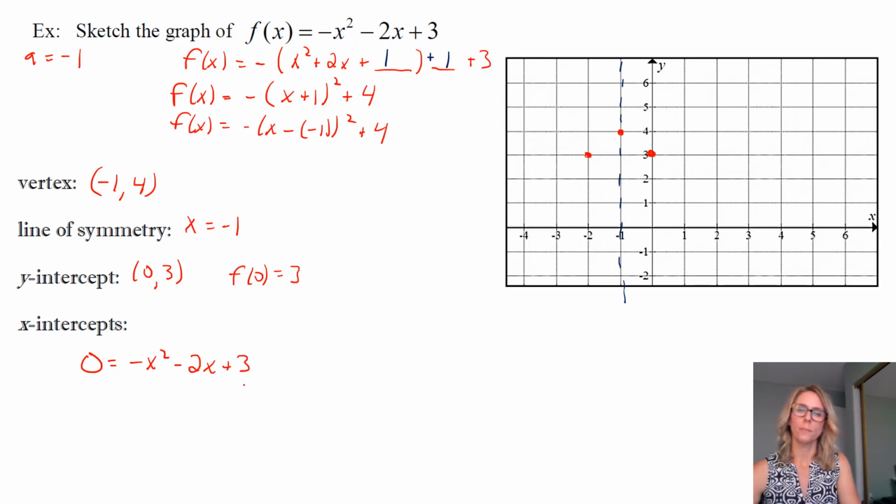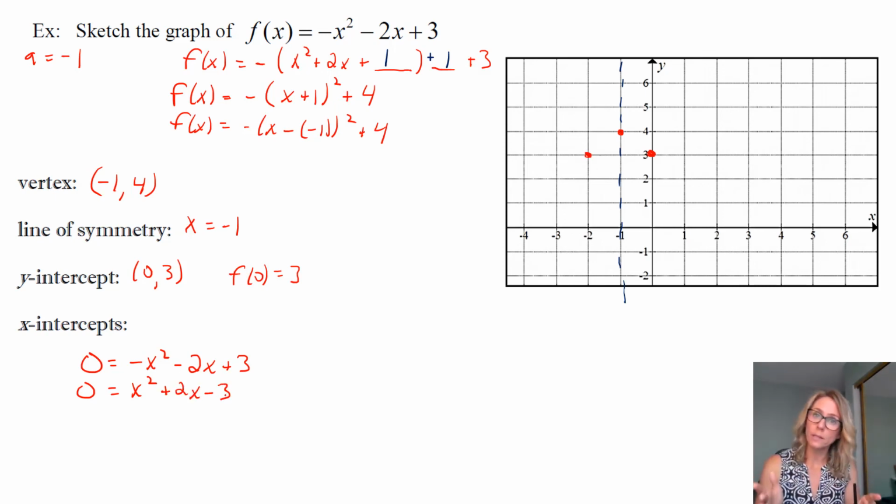So to find x-intercepts of any function, you set it equal to 0. If you're not a big fan of that negative x squared, you can multiply through both sides by a -1. And that's going to give you this, which is equivalent to what we just had in terms of the solutions when it's equal to 0.